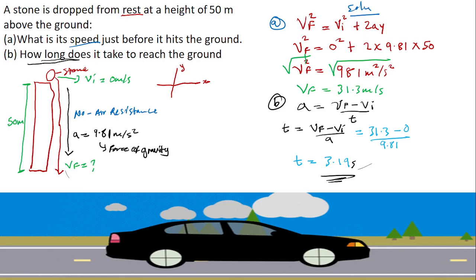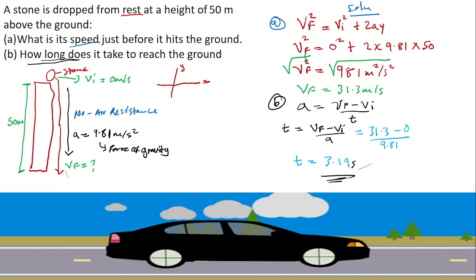The value of the acceleration: because the stone is being dropped, that simply means there is a force acting on it. Anything that is dropping has a force which acts on it. This is known as the force of gravity.